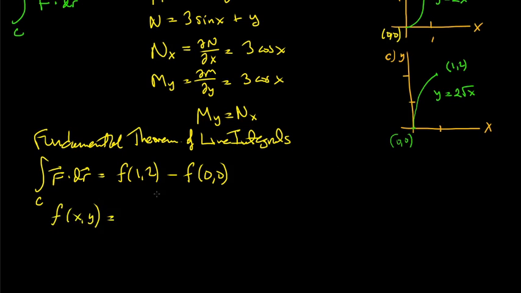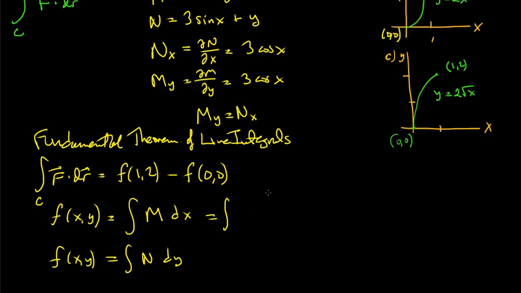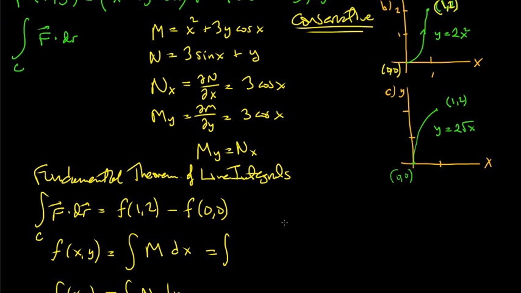Right? So remember how to do it. You just have to integrate M with respect to x or N with respect to y, and you get the same thing for both, right? So let's integrate M. M was x squared plus 3y cosine x. Integrate that with respect to x.